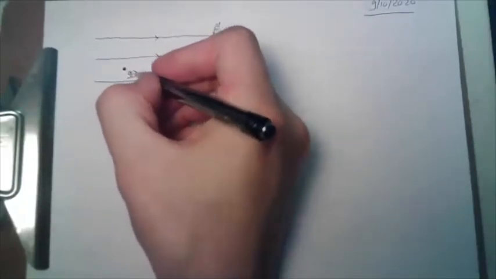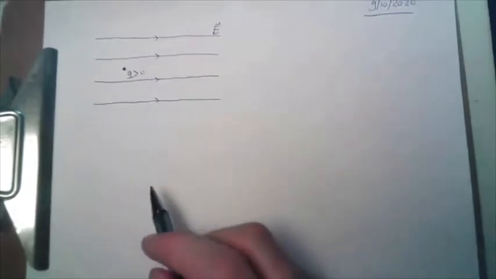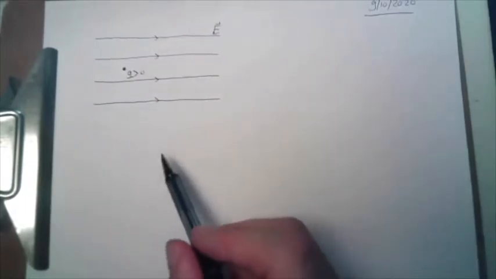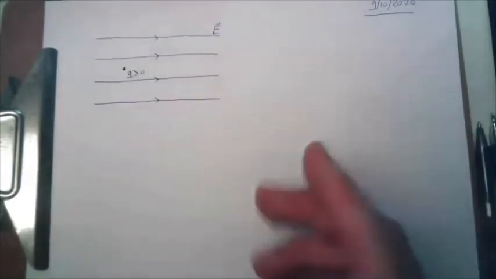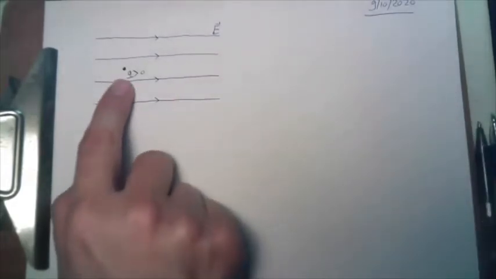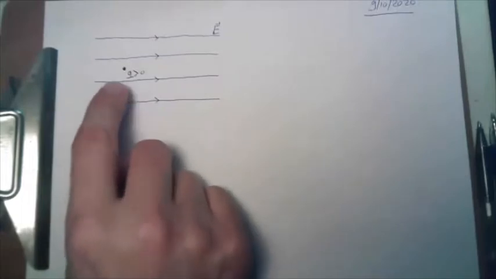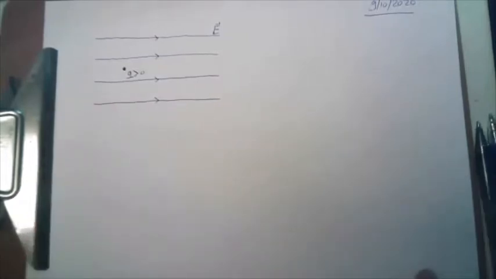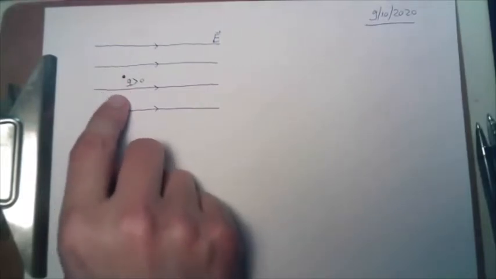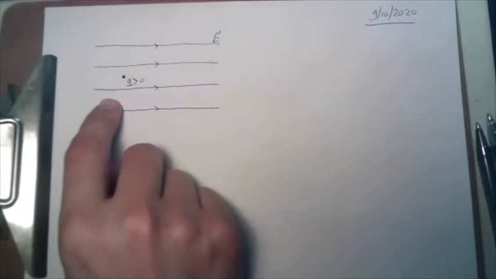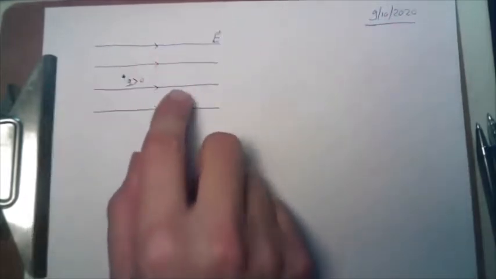We don't necessarily need to use that, but it just makes drawing everything much easier. And so far we've discussed what forces would be acting on this charge, but we have not actually discussed what the result of that force acting on the charge would be. And obviously, if there's a force acting on this charge, it's going to move in the direction that the force is exerting, and making Newton's law to figure out what the acceleration is, et cetera.